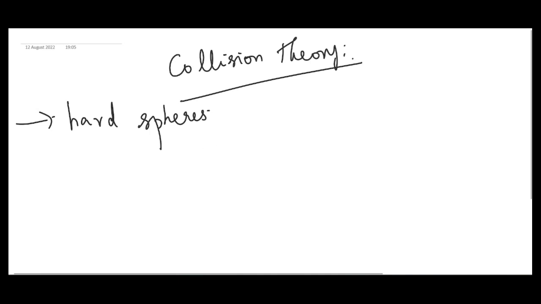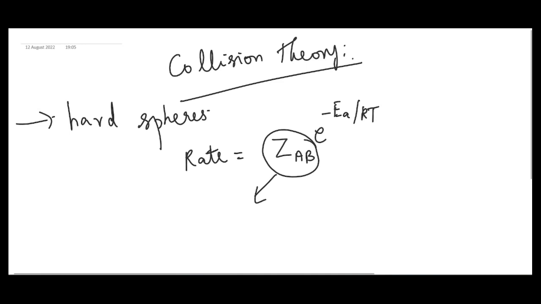Here is why. The equation is nothing but rate is equal to ZAB into e power minus EA divided by RT. This resembles the Arrhenius equation because this ZAB is nothing but a combination of A and another fraction F, which is the fraction of the effective collisions.